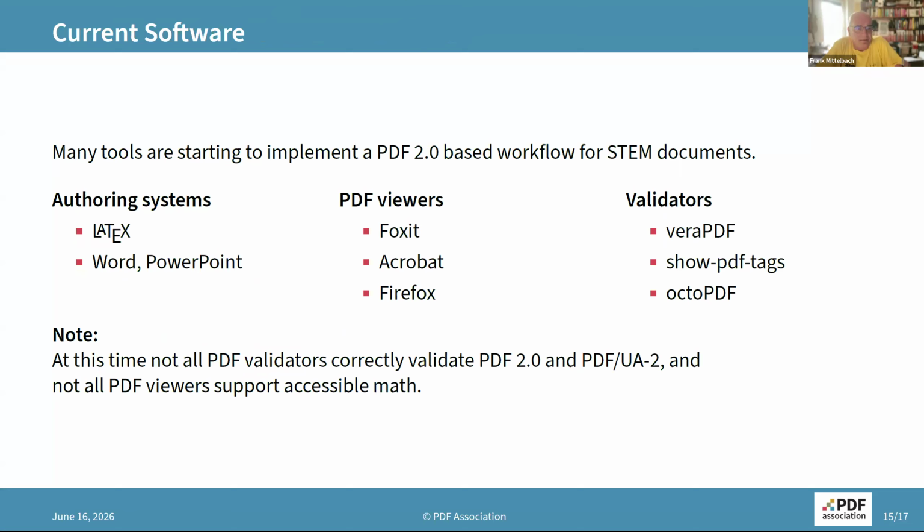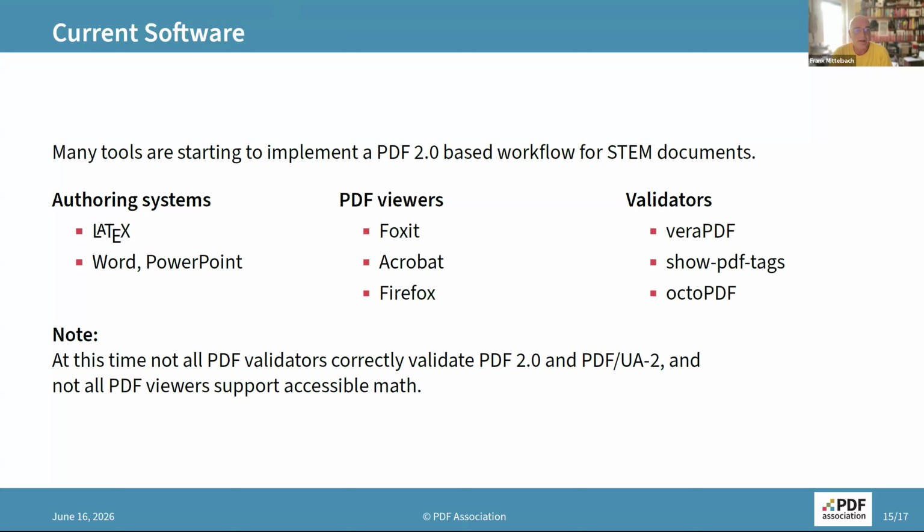This is the current situation of the software. Things are moving, as I said, so this will hopefully soon be getting better and better. From the authoring systems, we have at the moment LaTeX as a major STEM producer who can produce accessible UA2, as well as Microsoft's Word and PowerPoint. So there's a good part of the side already covered.